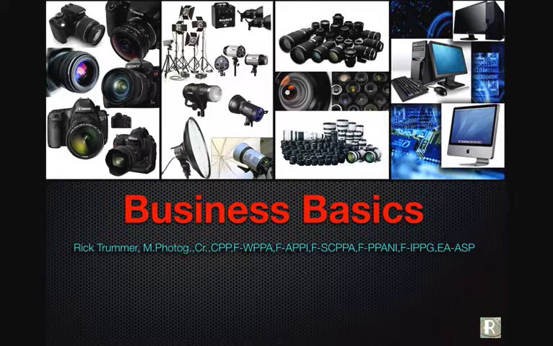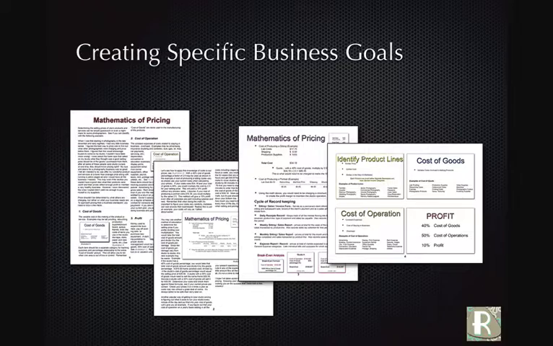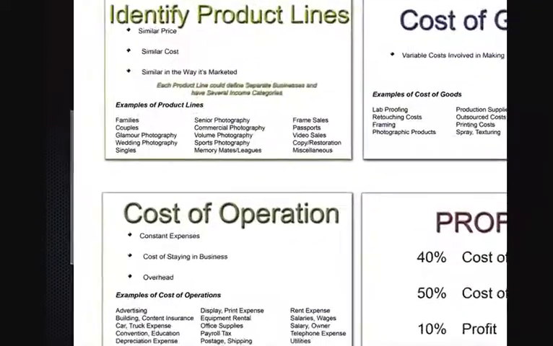What I've done today is I've started to put together a nice presentation for you so that you're going to be able to move forward with understanding the very basics of what a business needs to run itself. As you remember from yesterday, we worked off the idea, when we were going through the mathematics of pricing, of how to run a business.